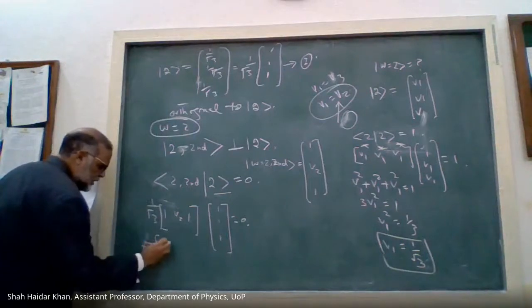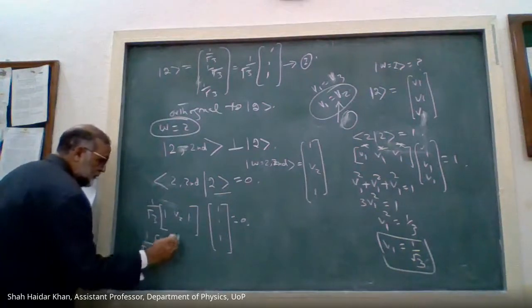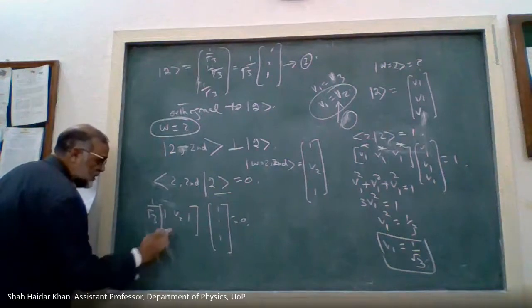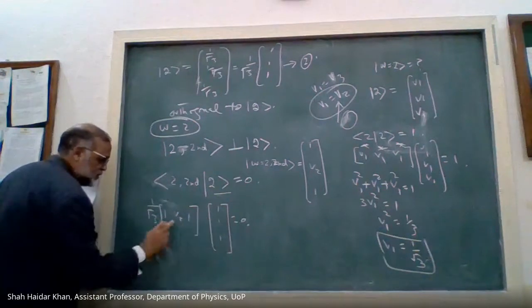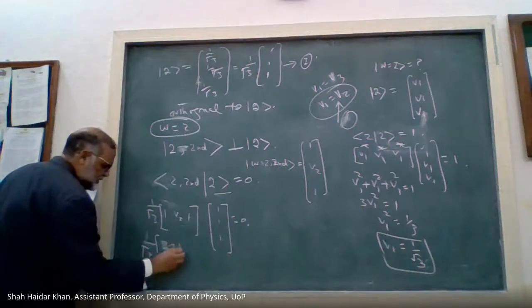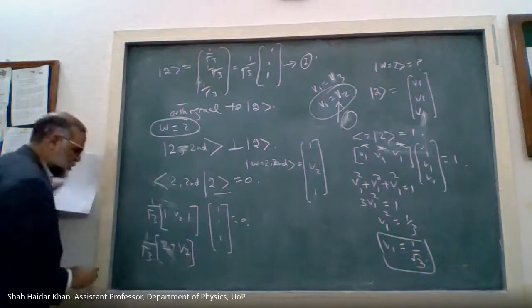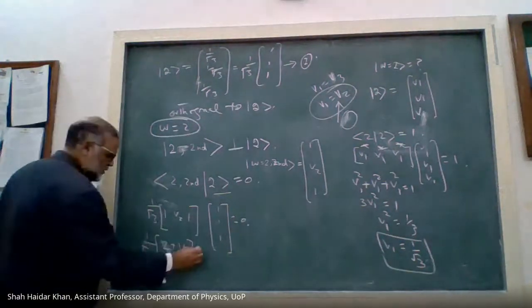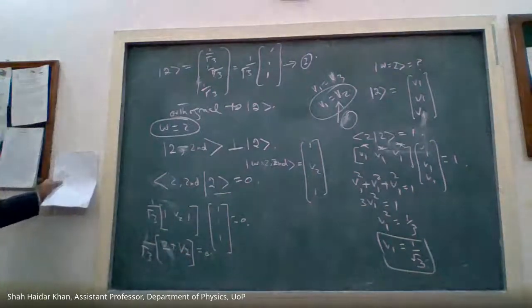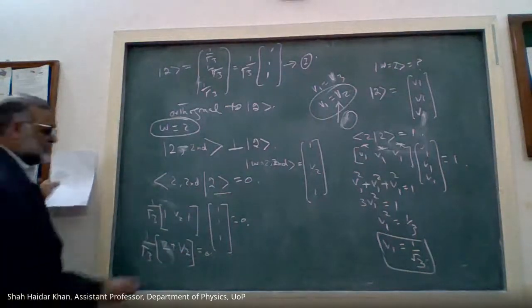That will be V2, no, 1 plus V2 plus 1. So 2 plus V2, that is equal to 0, right?